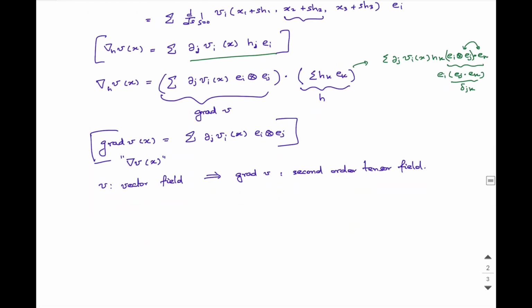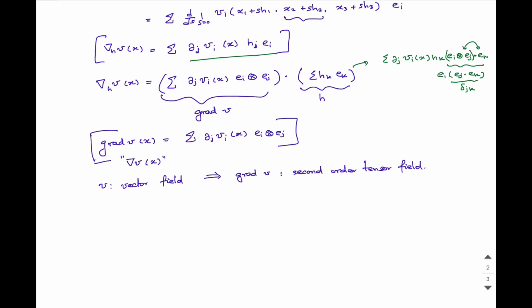So when you have a vector field v, the gradient is a tensor field of one order higher. So v is a tensor field of order 1, and the gradient of v is a tensor field of order 2. That's exactly as per our definitions.